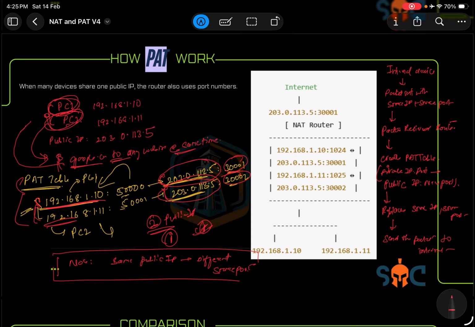Okay, so let's see, this is the PC1 IP address, this is PC2. Both the IP addresses are there in this PAT table.